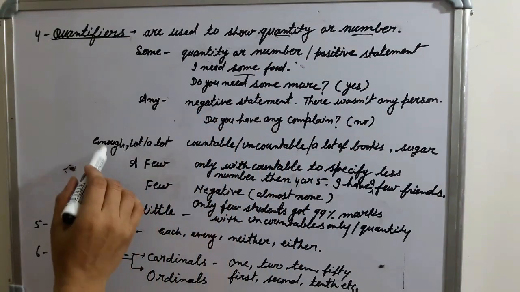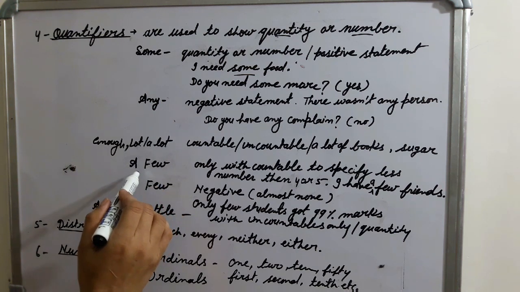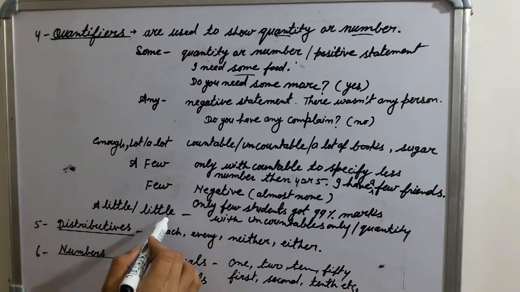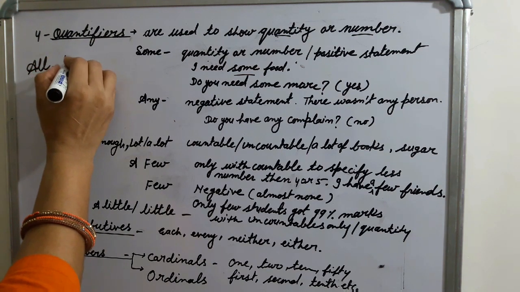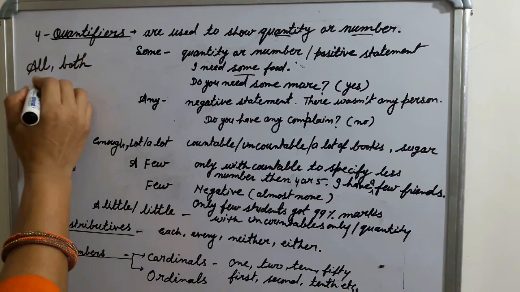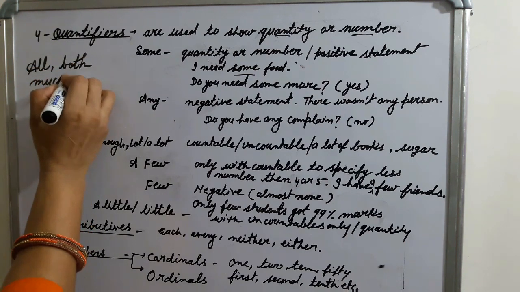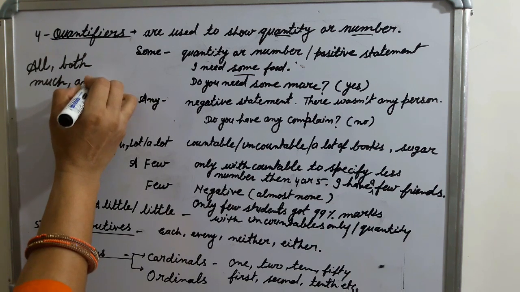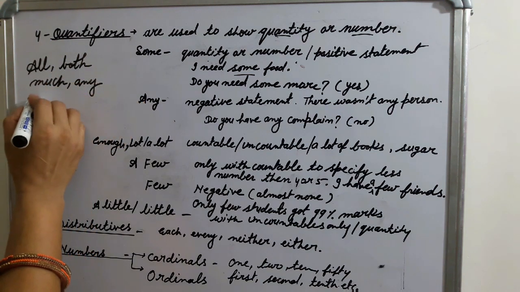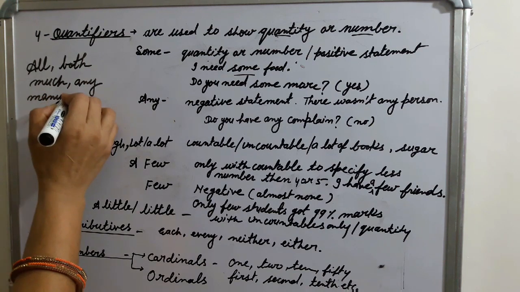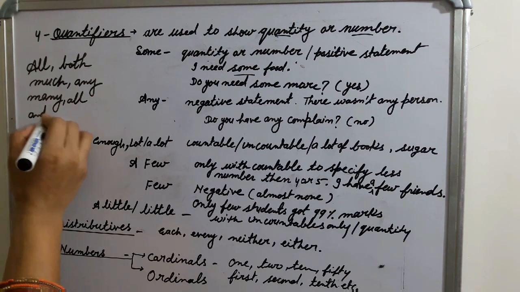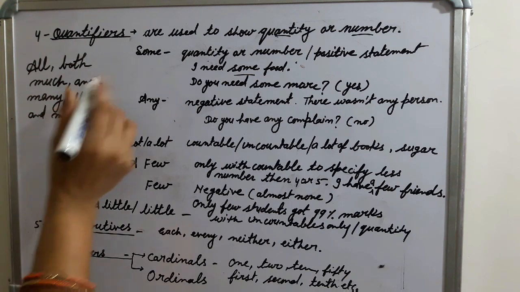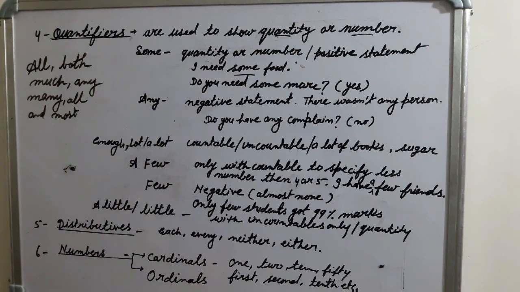Some, any, enough, lot, a few, little, a little, all, both, much, any, many, all, and most. All these are quantifiers. Let us start with some.